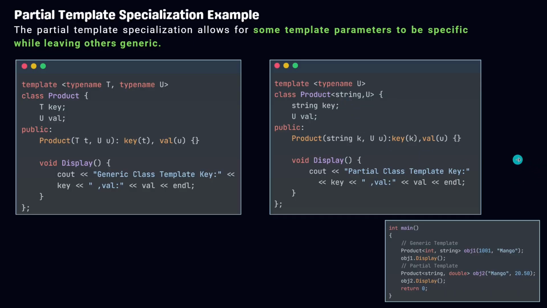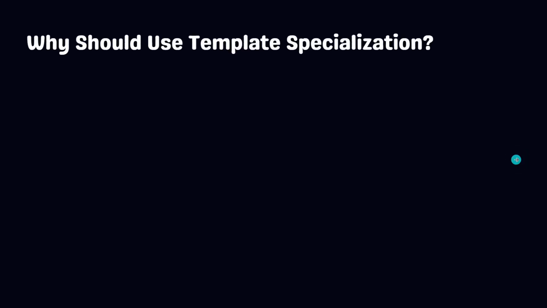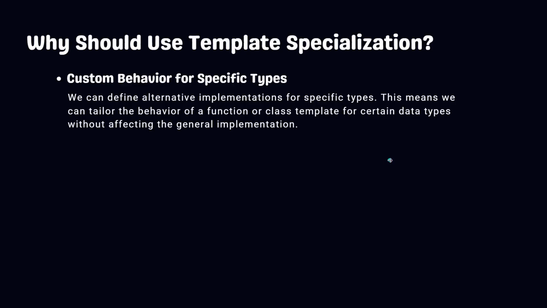Now why should we use template specialization? The first reason is that template specialization provides custom behavior for a specific data type. That means if we see our generic template, we saw that our generic add method is not supporting all the data types. So we can provide a special method for a specific data type. That means we can provide the custom behavior.